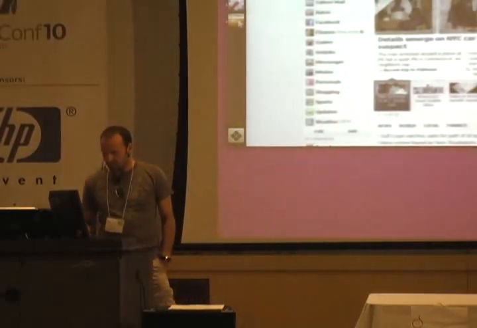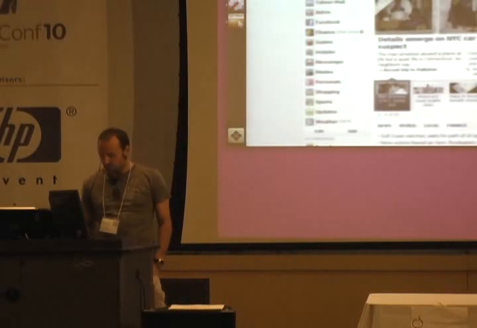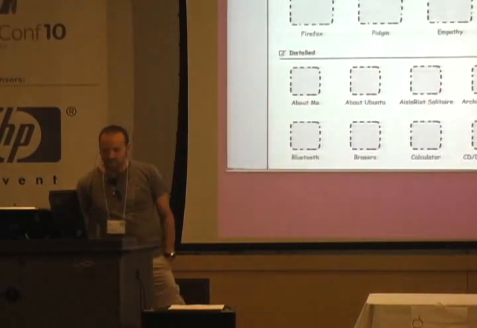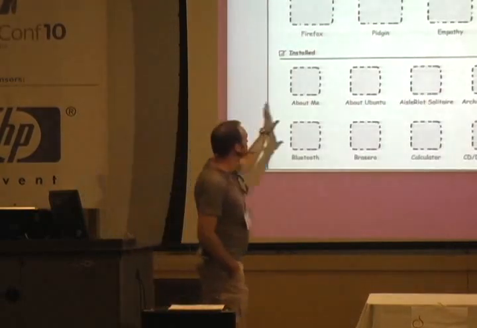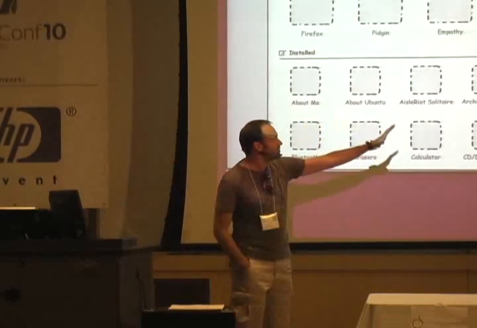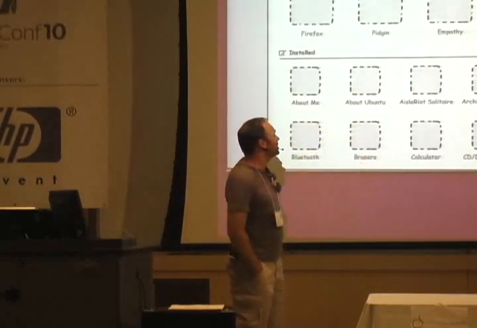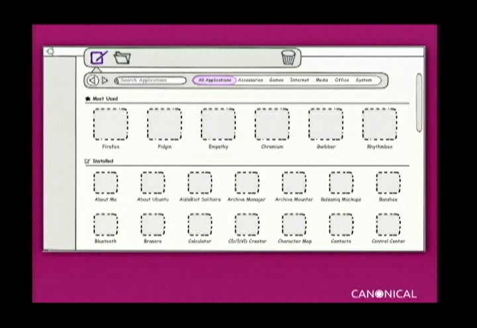And so in the run-up to the last UDS, we did a whole bunch of design work for, again, a full-screen experience that we call the dash that would fit in over here. And so the dash is just a full-screen place for dealing with lots of files or lots of applications, and we have ideas about what else might go in there as well, like contacts and things like that.